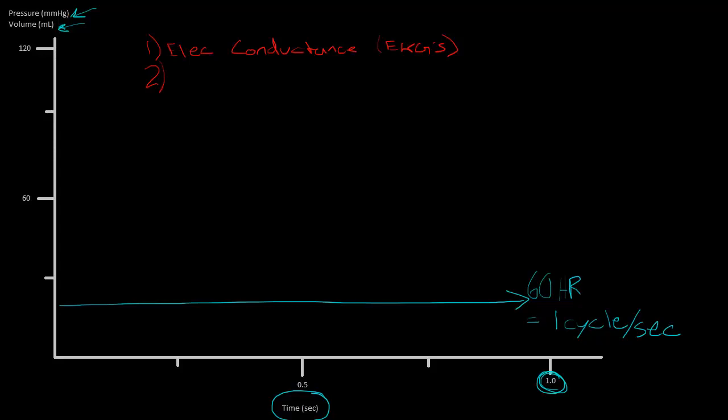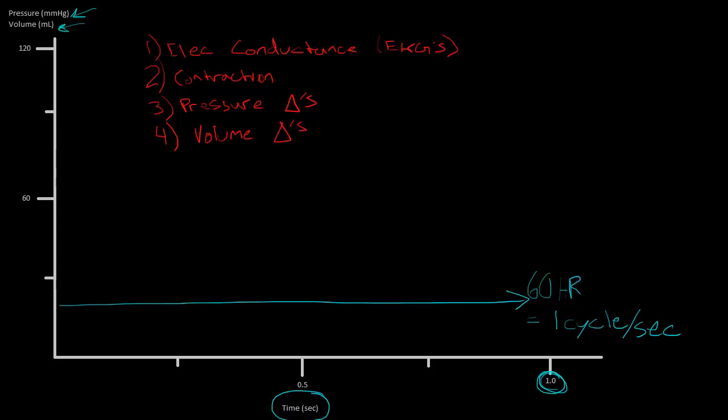This electrical conduction is going to cause contraction of the heart muscle in certain spots depending on what is stimulated and what is not. Excuse me for this handwriting. This contraction then in turn is going to cause pressure changes, and these pressure changes in different chambers of the heart are what is going to drive volume changes.